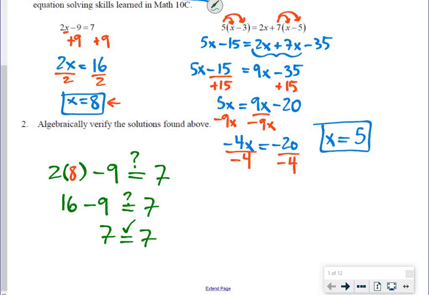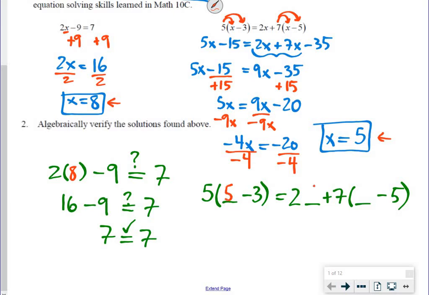Okay, with the other one, I need to check that when I put a 5 in for x into the original equation, that works out so that the left side is equal to the right side. So when I put my solution of 5 in for x, so everywhere I see an x, I put a 5.